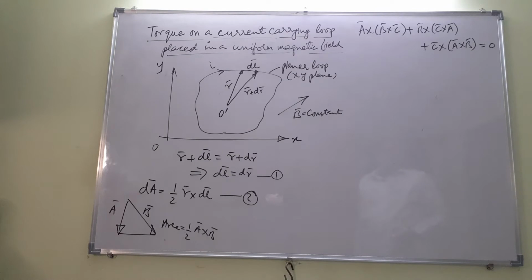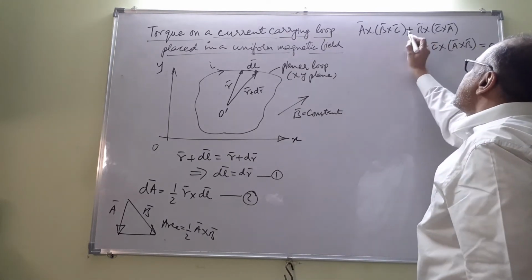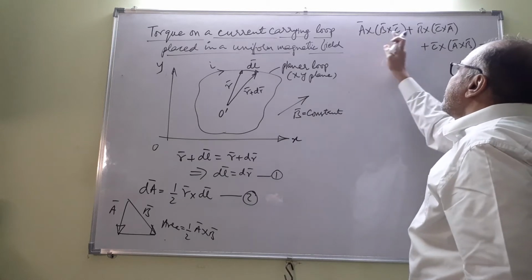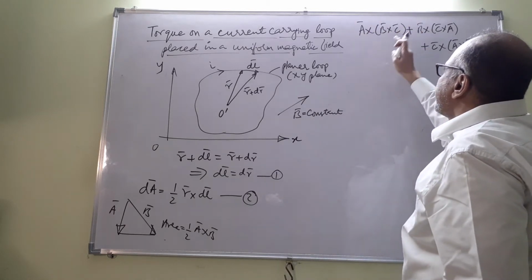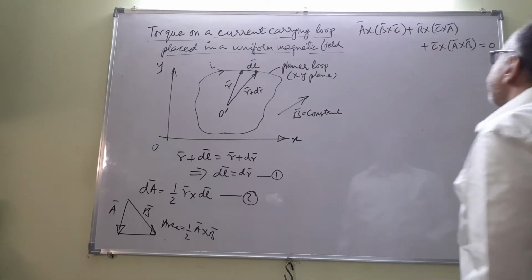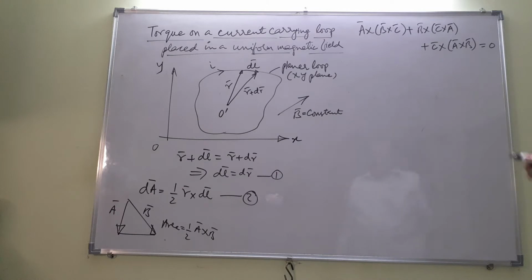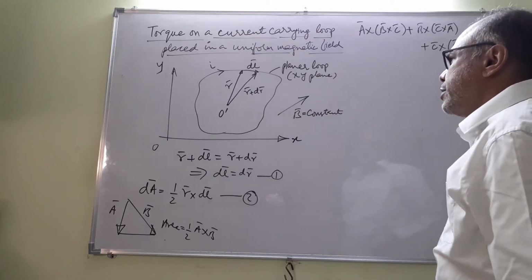This is the result we will be using. See the order in which we have written A, B, C. I push A to the end; that is, there is a cyclic rotation of these three vectors: A, B, C, then B, C, A, then C, A, B. So this is the third equation which we will be using.